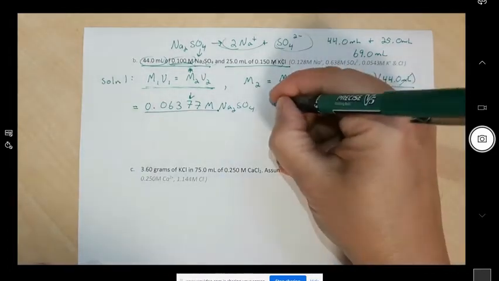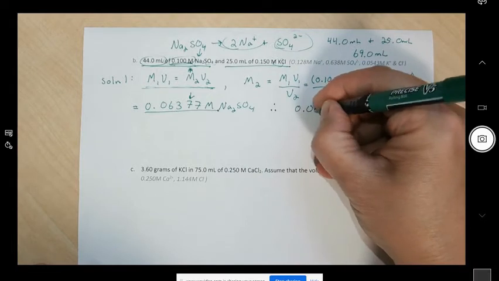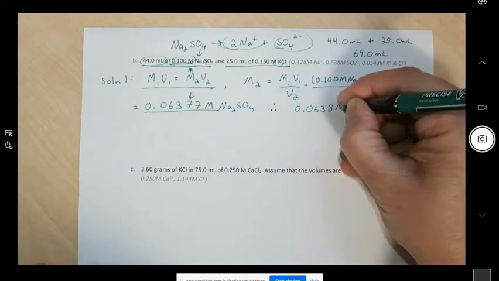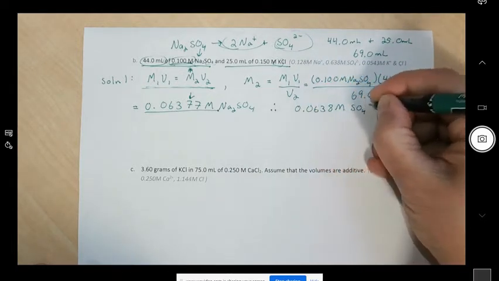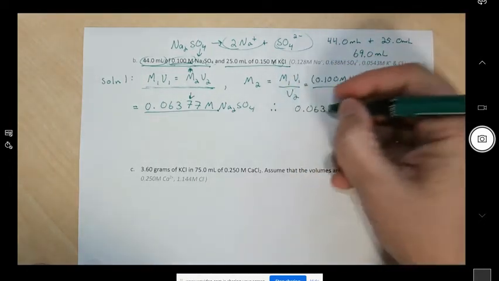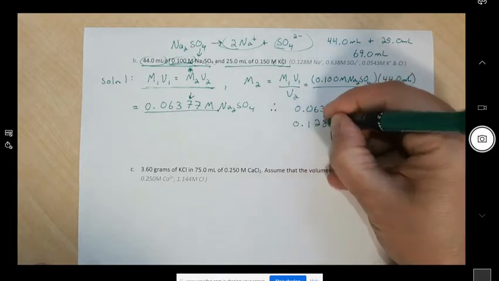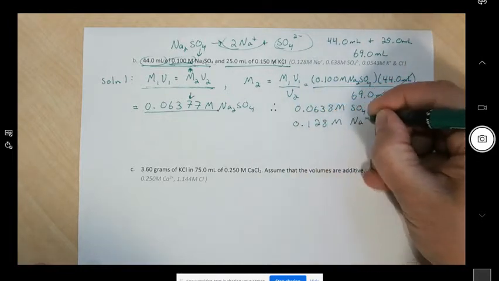So I'm going to get 0.0638 molar SO4 2-, but I'm going to double that and I'm going to get 0.128 molar Na+.